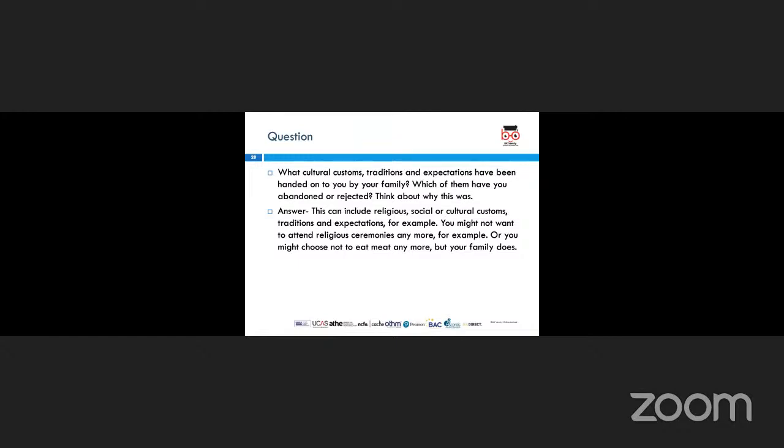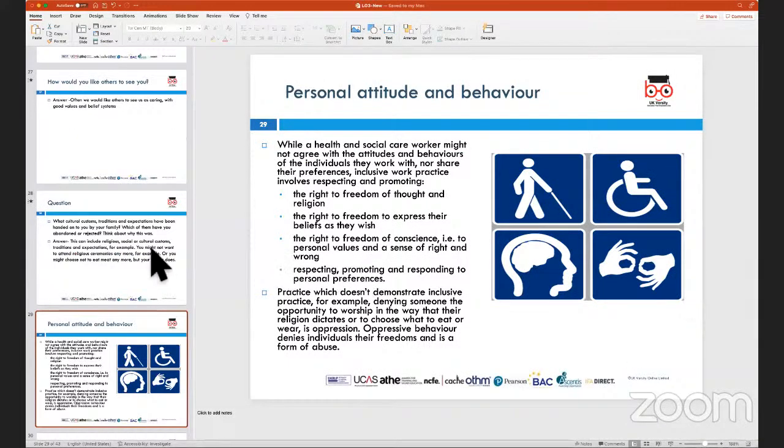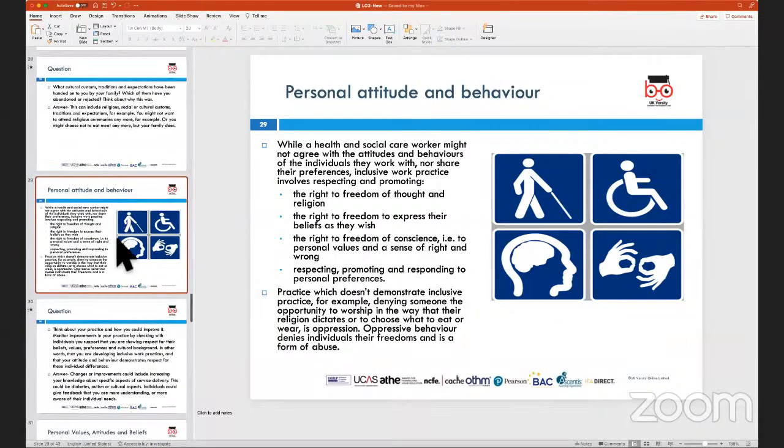And this is going to be informed by our customs and traditions and the tolerance to these customs and traditions which you've observed over the years when you've grown up as an individual. So when we look at summarizing this particular task, and we talk about personal attitude and behavior, we are looking at our personal attitude and behavior being shaped in a way wherein we deal with people who have disability in the same way as people that we are dealing with who are absolutely able to do the tasks and functions themselves.